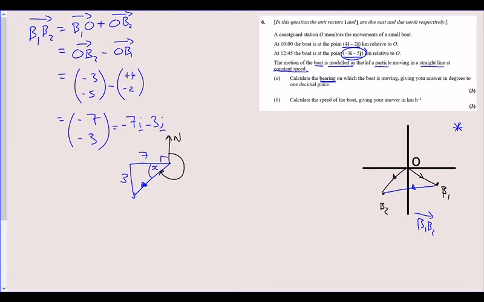So it's tan of the angle. So tan x is opposite over adjacent, so 3 over 7. So x is tan to the -1 of 3 over 7, and that comes to 23.198.